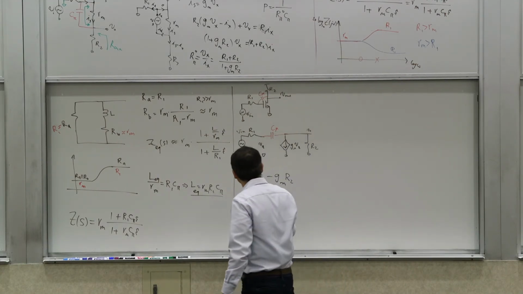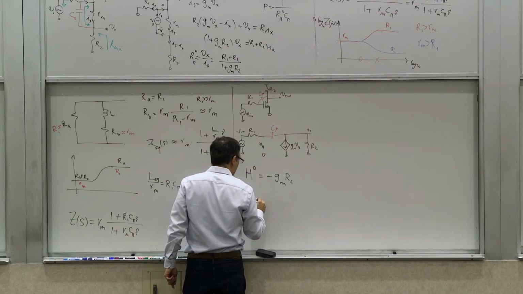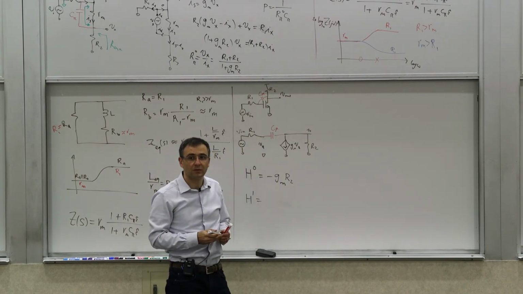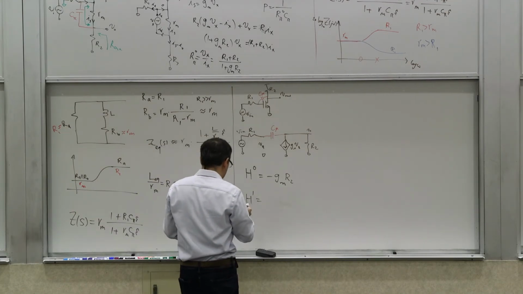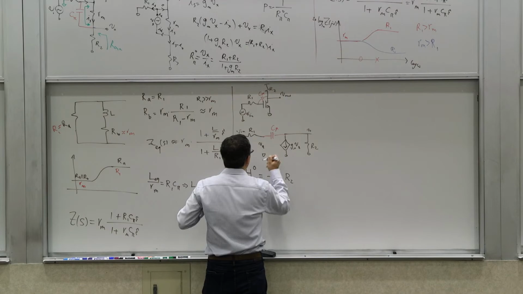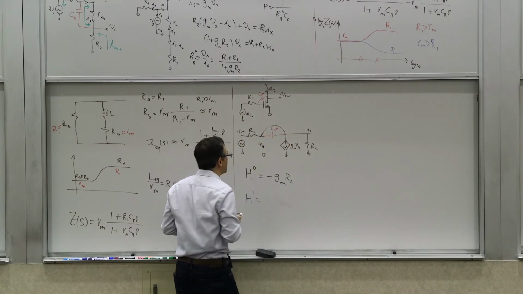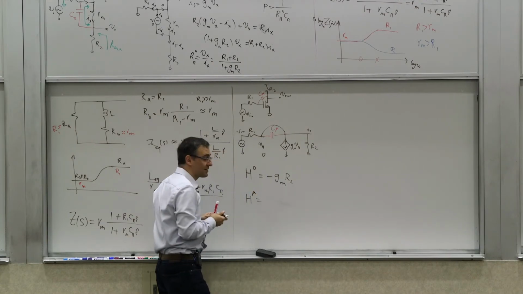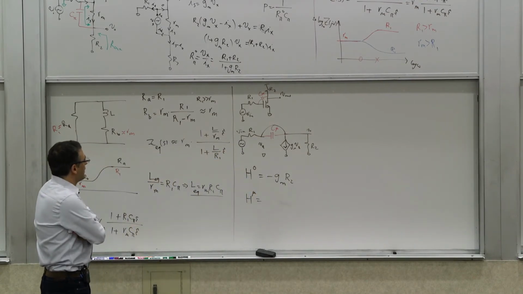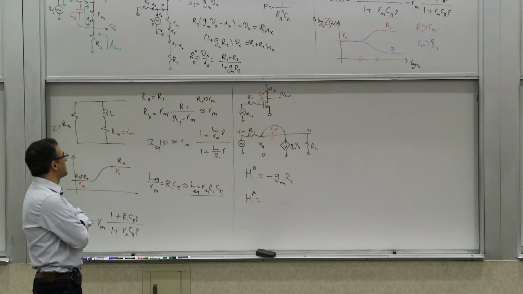Now, what is H1 when it's short-circuited? So now we need to short-circuit this and see what the gain is. Actually, I should call it H mu, not H1, to be consistent. So what is that gain now?